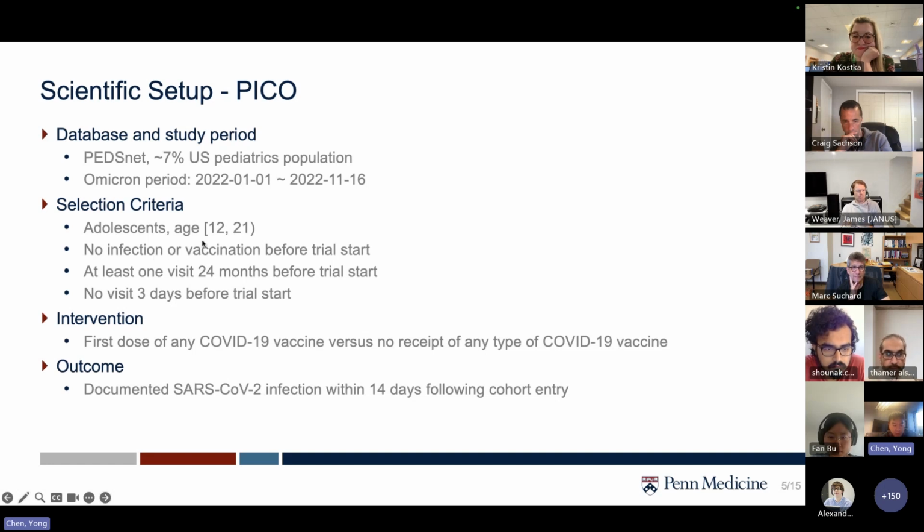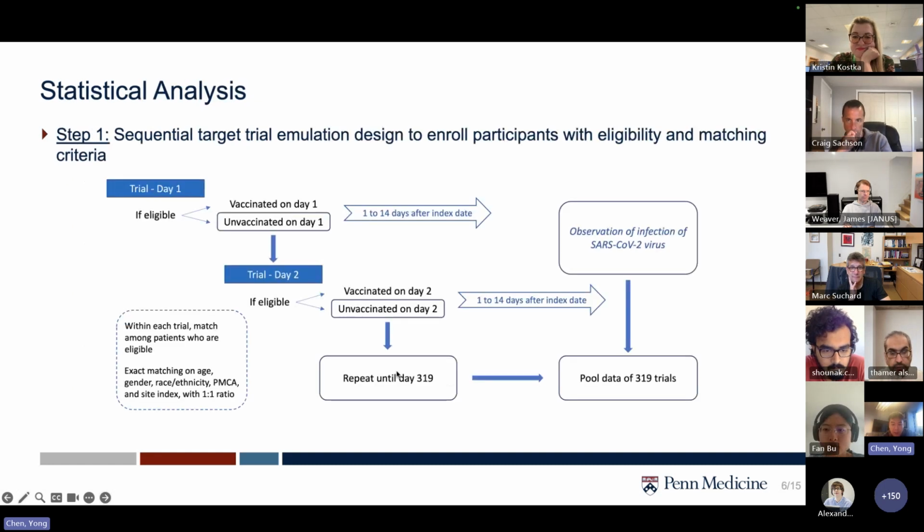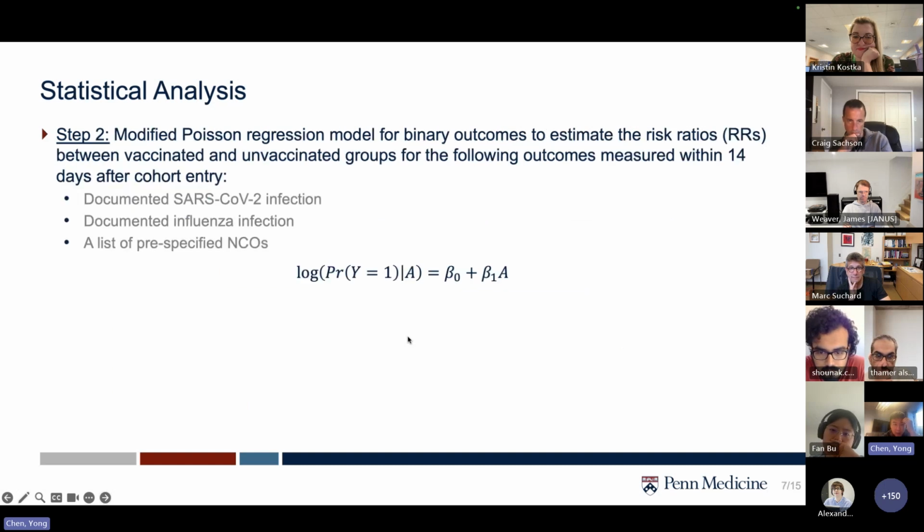We consider adolescents, and the intervention is the first dose of COVID vaccine versus no COVID vaccine. And we used this sequential targeted trial emulation to avoid a potential immortal time bias. And the outcome model is that we use a modified Poisson regression. The outcome is considered as a binary outcome, the infection within 14 days.